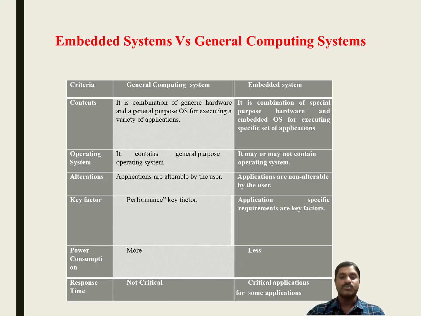The power consumption is more in a general computing system, whereas the power consumption is very less in an embedded system. Here the response time is not critical. Here it is highly specialized purpose, and for a certain category of embedded system like mission critical systems, the response time requirement is highly critical.